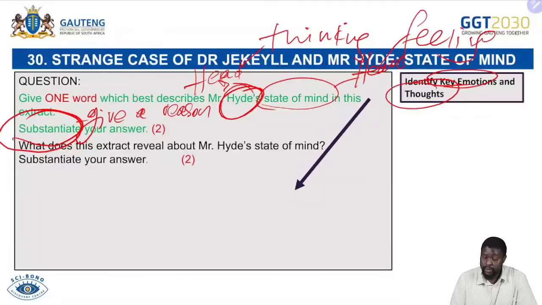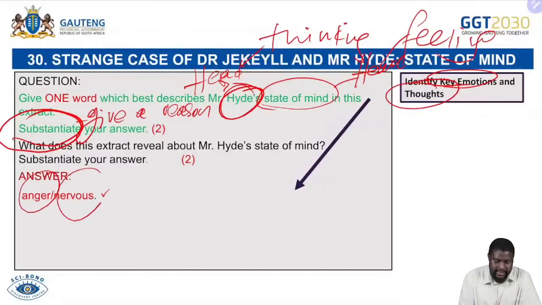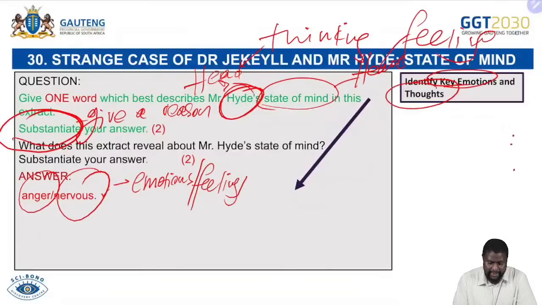Thoughts, emotions, anger. He's angry. He is nervous. These are emotions. These are feelings. He's angry and he's nervous. Why? Remember, you must give us a reason. Why is he angry and why is he nervous?